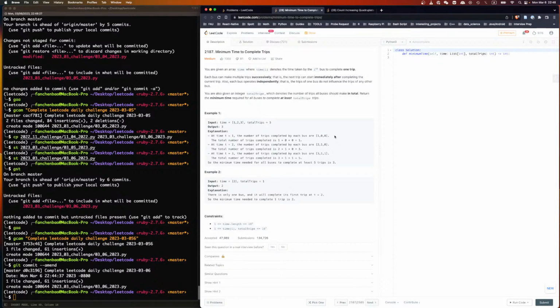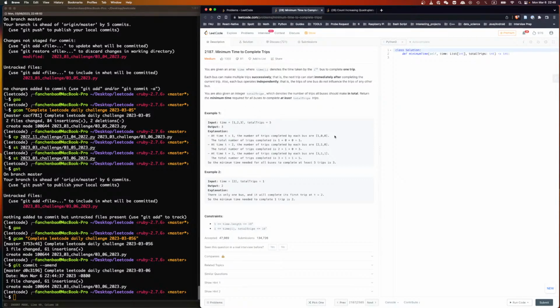Also, each bus operates independently. That is, the trips of one bus do not influence the trips of the other bus. Okay. You're also given an integer, total trips, which denotes the number of trips all buses should take in total. Return the minimum time required for all buses to complete at least total trips.